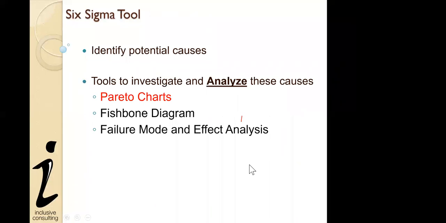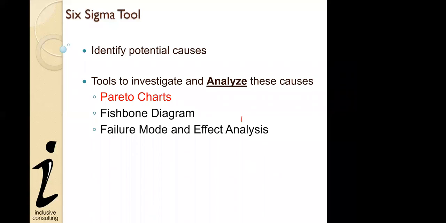Okay. Like I mentioned, one of the phases is the analyze phase. Six Sigma tools are used to identify potential causes of the problem in the analysis phase, because you've already defined the problem, you've already measured the problem and the extent of the situation you are in currently.